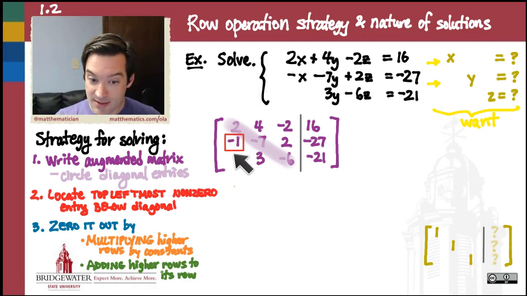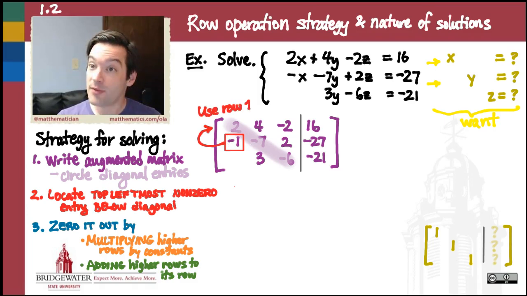without ruining any of the zeros that I have below my diagonal. And so that's going to lead me, when I'm working below the diagonal, to try and work with the rows that are above the entry that I'm trying to zero out. So if I'm trying to zero out this -1, chances are I'm going to do so by using the row that's above it.